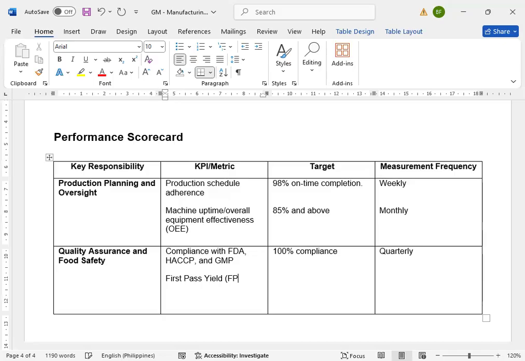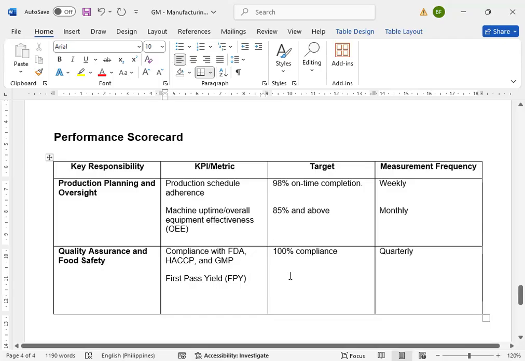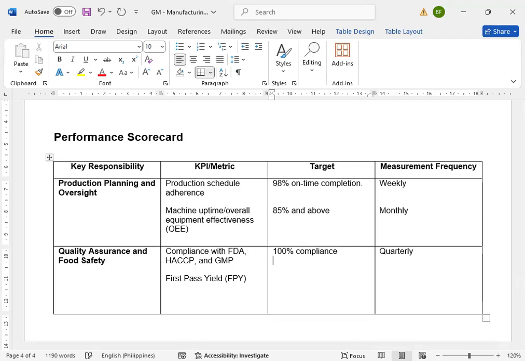So otherwise known as FPY. And maybe a statistician in manufacturing should record this, should monitor this, and see to it that they are doing good in terms of FPY. And the target for this should be 95% and above.